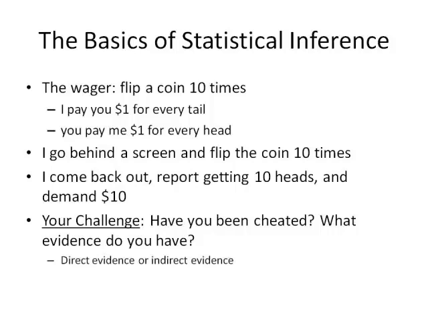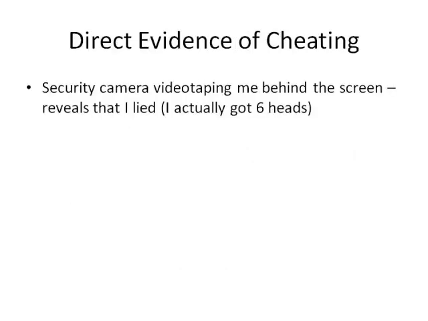Well, there's two kinds of evidence: direct evidence and indirect evidence. For direct evidence of cheating, there might be a security camera that videotaped me while I was behind the screen, and that footage shows that I lied. I told you I got 10, but I actually only got 6 heads. Another example of direct evidence would be a two-headed coin.